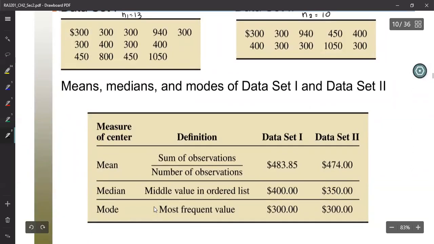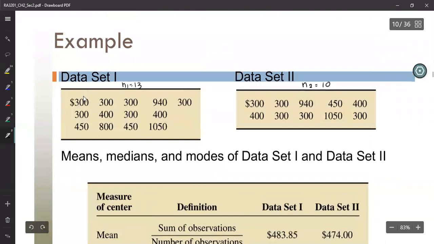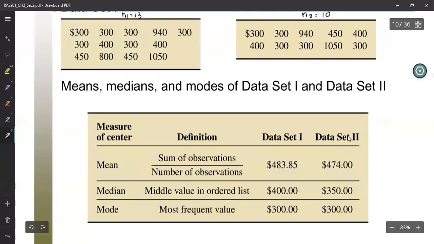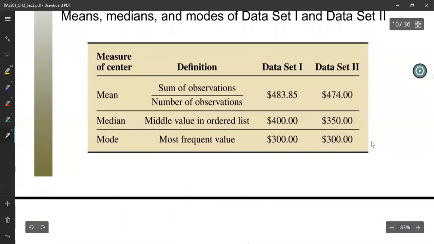Then the mode is 300 for both, because in the first data set 300 appears 1, 2, 3, 4, 5, 6 times, and in the second data set 300 appears 4 times. So that is the mode for both data sets.